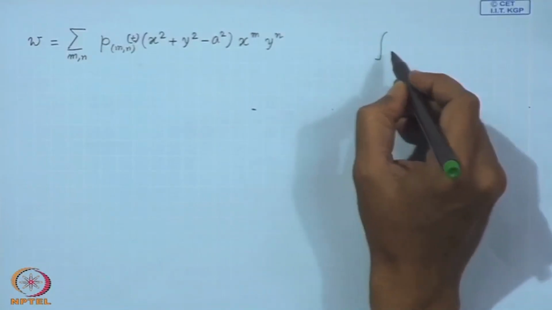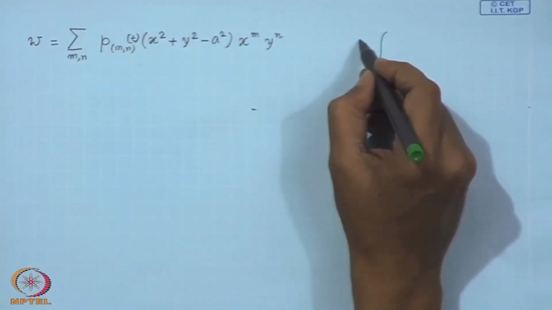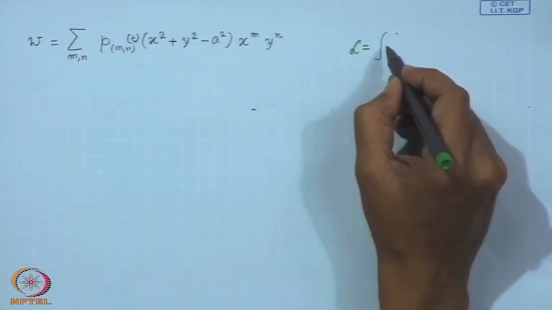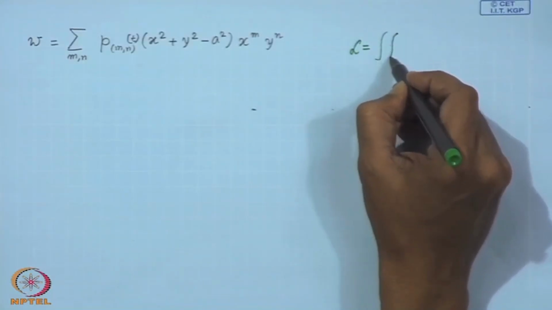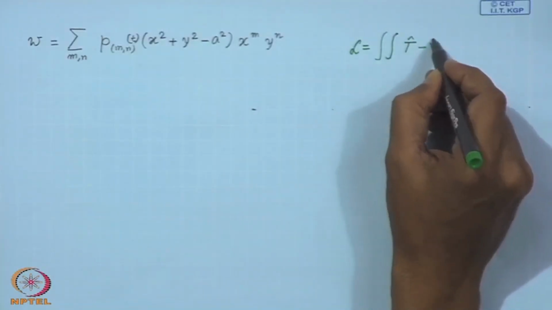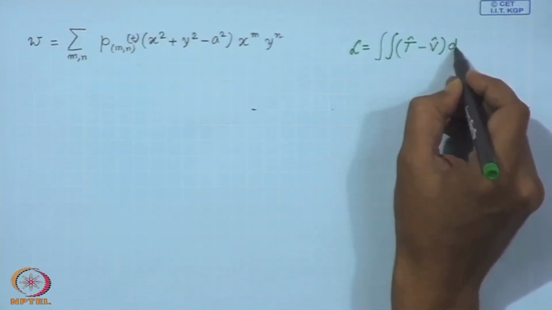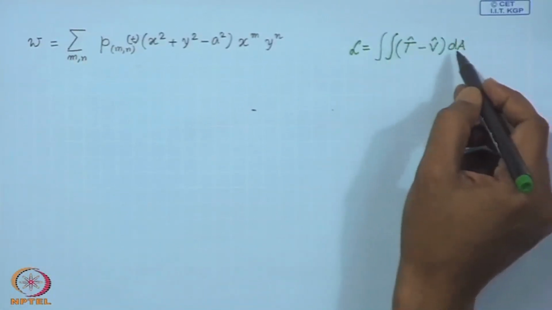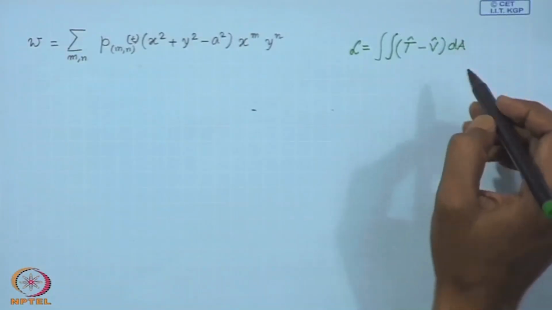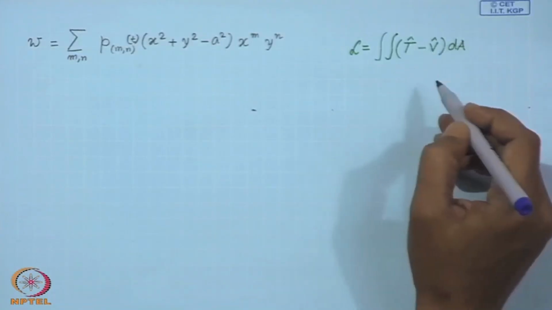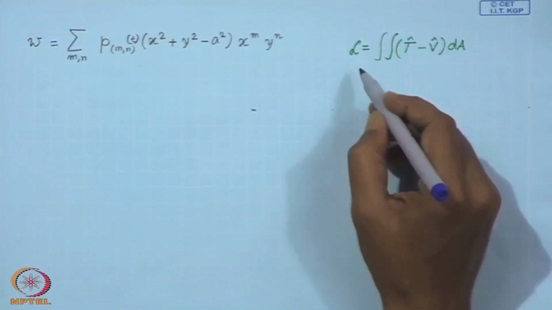So, we will calculate the Lagrangian. So, that is obtained as an integral over the area, which now is actually dx dy. So, we will integrate over x and y to obtain the Lagrangian.